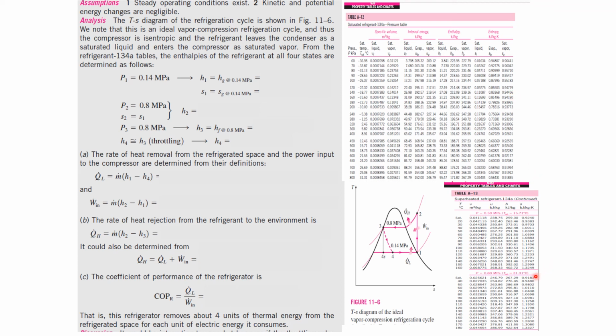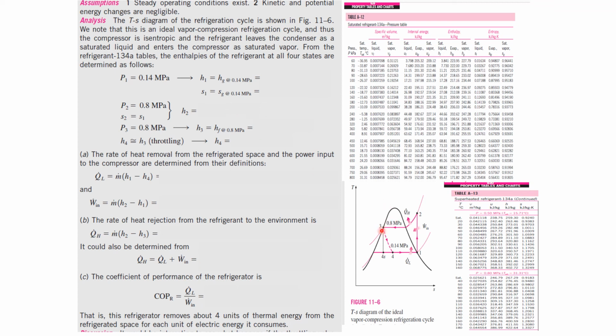So you see that 0.94456 is between 0.9183 and 0.9480. So you will need to do some interpolation in order to get your enthalpy value here, which corresponds to your H2 value. So do that, and that will give you your H2 value here with some simple interpolation.